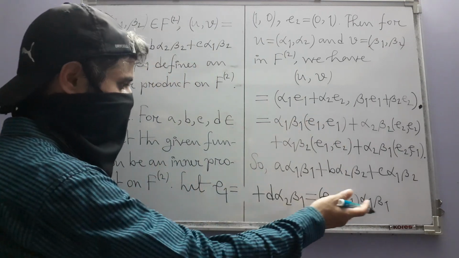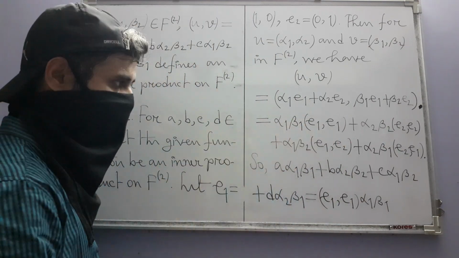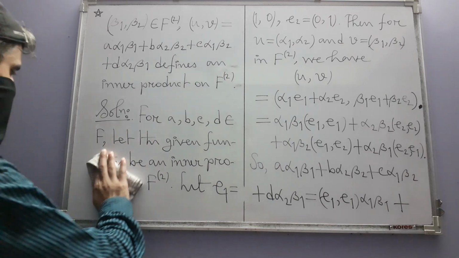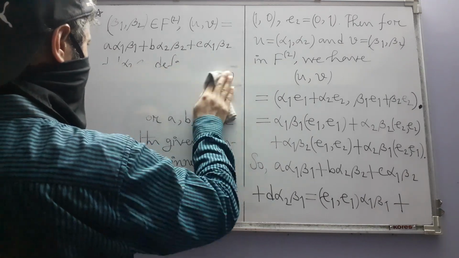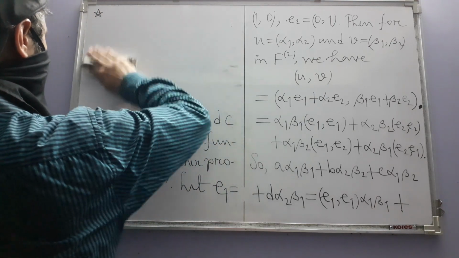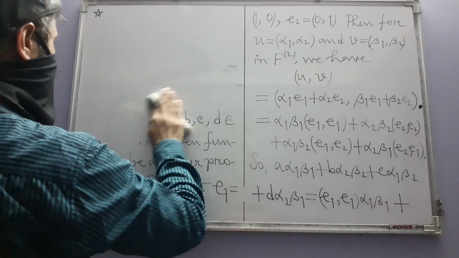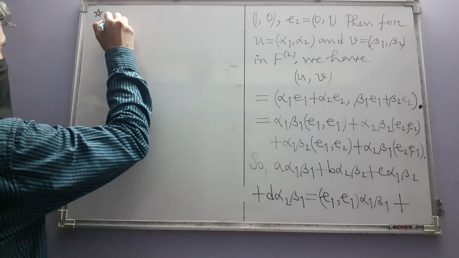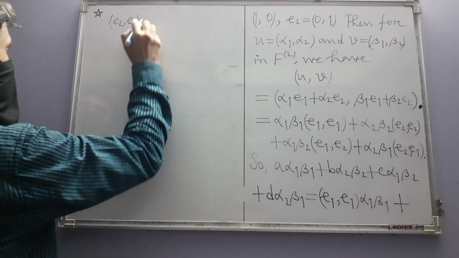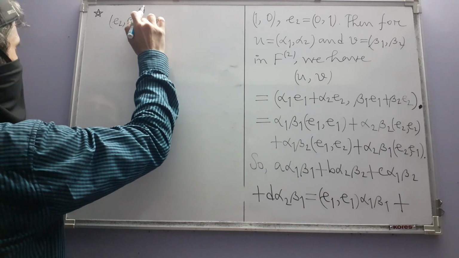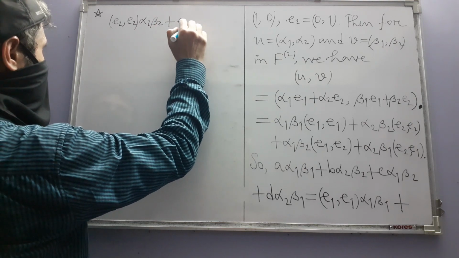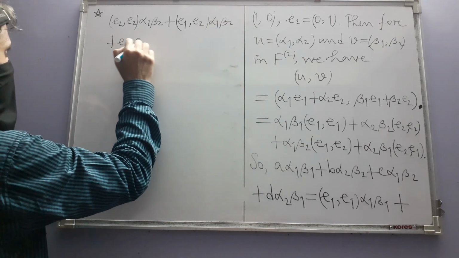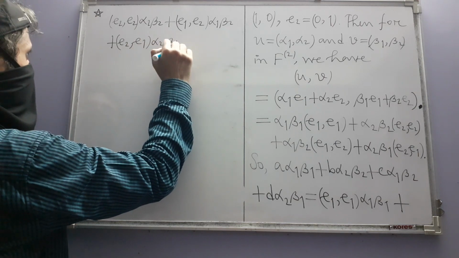We can of course write this in this way because these are after all real numbers, plus the inner product of E2 and E2 times alpha 2 beta 2 plus the inner product of E1 and E2 times alpha 1 beta 2 plus the inner product of E2 and E1 times alpha 2 beta 1.